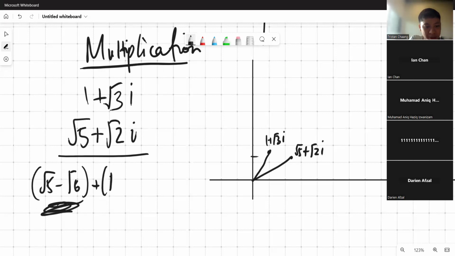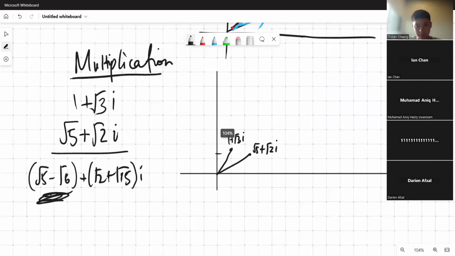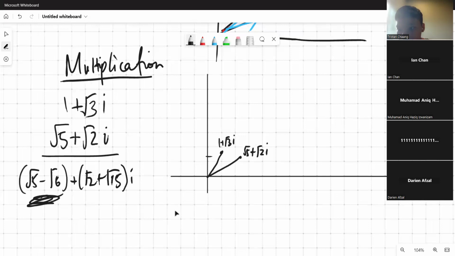Square root 2 plus square root 15. Square root 5 minus square root 6 is what? That shouldn't be it, right? Okay, let me just use my calculator.